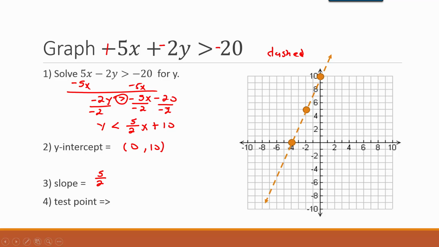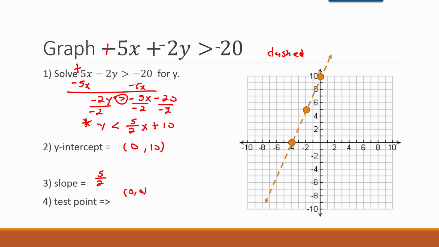Then I have to determine which side to shade on. Well, again, you look at the y, where you solve the inequality for y, to determine that. So it says y is less than, so if I go to my y-intercept point, less than the y-intercept would go underneath it, down, so that tells me that I should be on this side of my line. Let's pick a test point, and the line does not go through (0, 0), so we will test (0, 0) again.